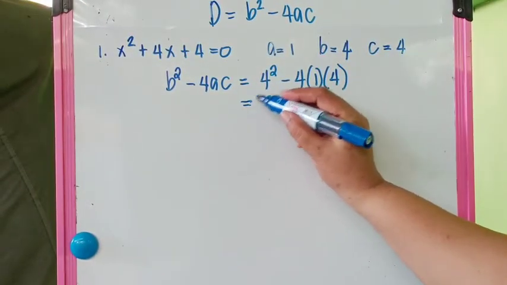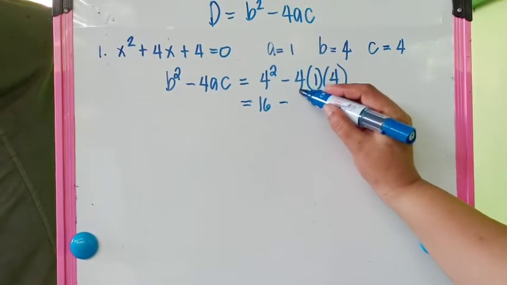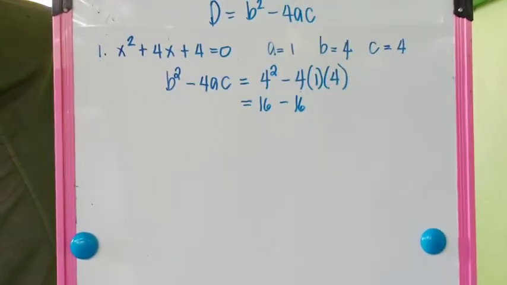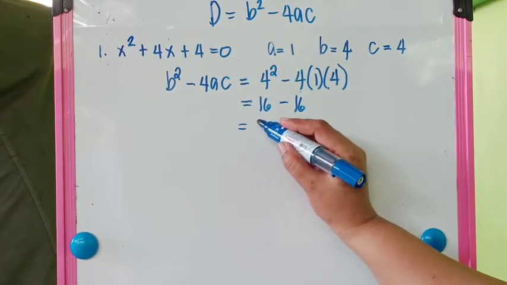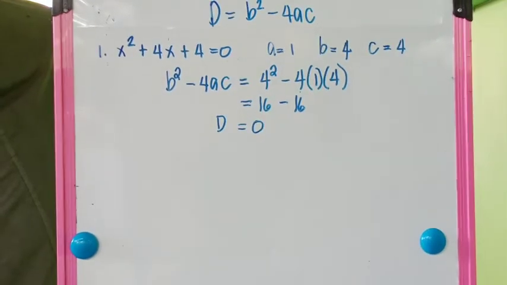Now, get the square of 4, that is 16, minus 4 times 1 times 4 equal to 16. So, 16 minus 16 is 0. So, this is now the discriminant.